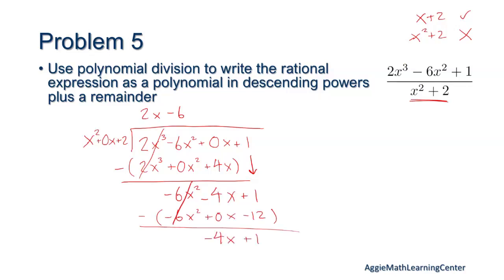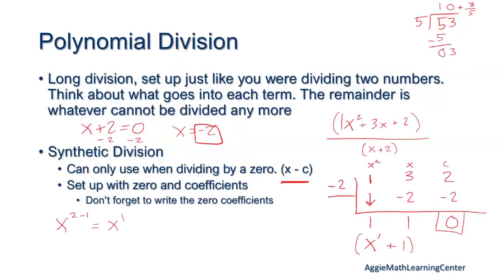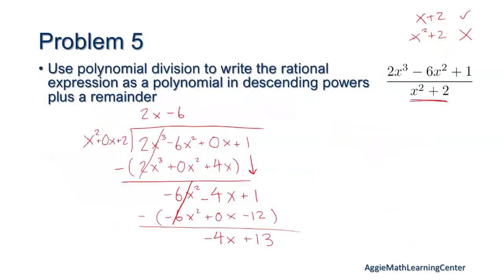And then plus 13. Remember, the remainder is whatever cannot be divided anymore. So this can't be divided anymore because it's a lesser degree. So plus a remainder, then your remainder is going to be this over your divisor.